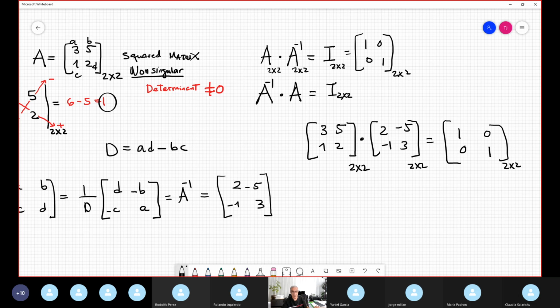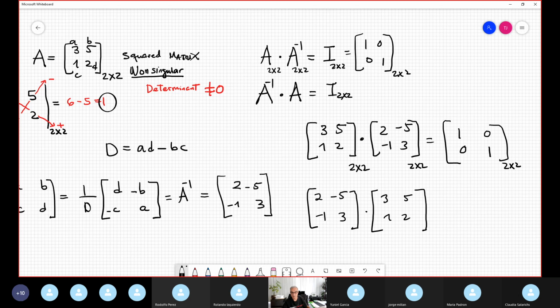After, I want to check everything in GeoGebra. Okay, this is just the theoretical part, you are familiar, blah, blah, blah. But suppose I am doing it in a different order. Suppose I copy 2, -5, -1, 3, the inverse, and the original is 3, 5, 1, 2.